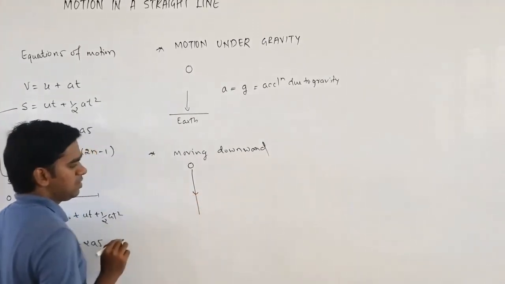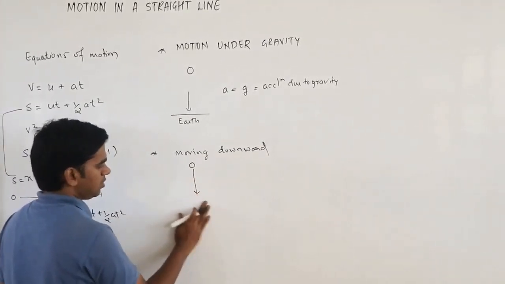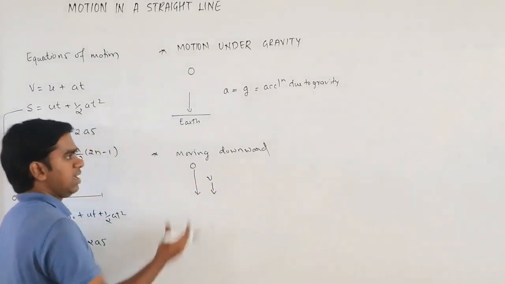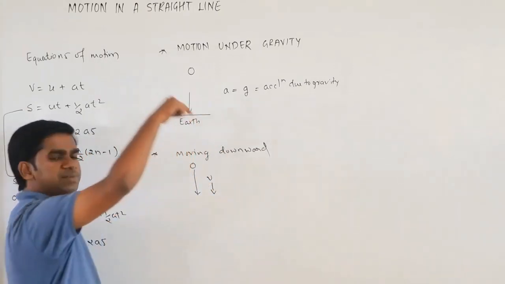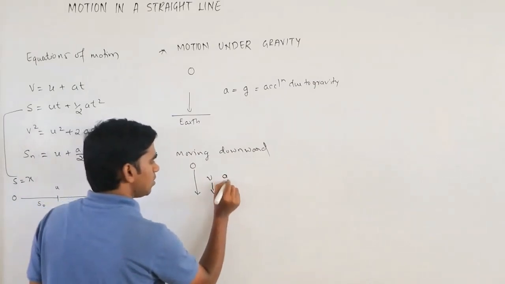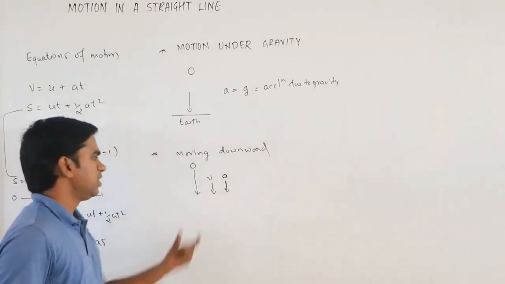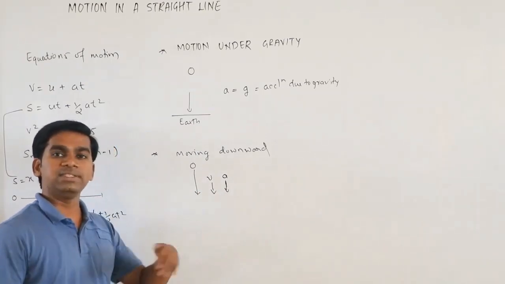If this is the direction of motion, v is downward. And acceleration, the direction of g, is what? The direction of g is always downward, towards the center of the Earth. So a is also downward. So both are in the same direction. That means the body is accelerating.